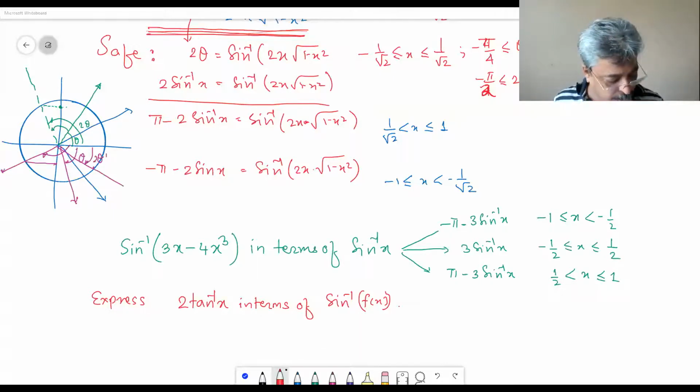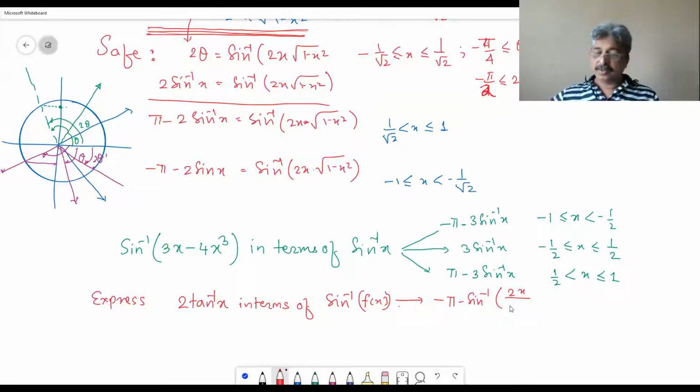Okay, the answer for this question, again 3 cases. Case 1, if x is less than minus 1, the answer is minus pi minus sine inverse 2x upon 1 plus x square.